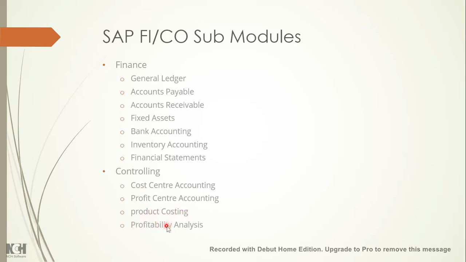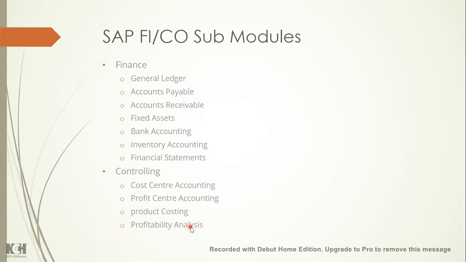Last thing in controlling, you learn about profitability analysis. Profitability analysis is more related to helping your management to understand how a business segment is performing. So you define characteristics here, for example, based on a customer group, or based on your sales area, distribution channel, or product group, you want to know how much profit I am earning.